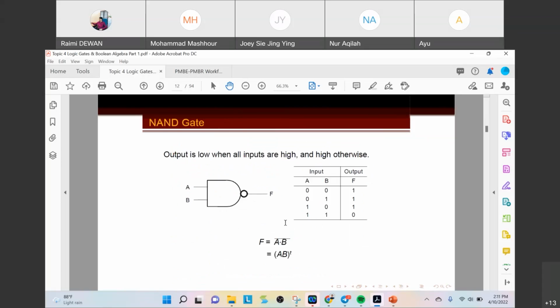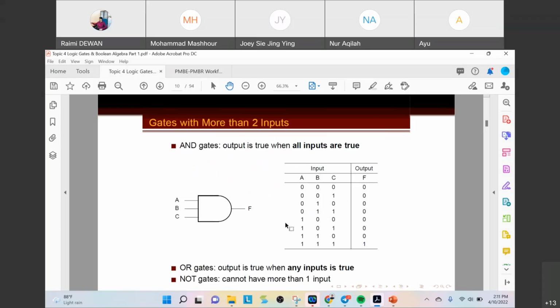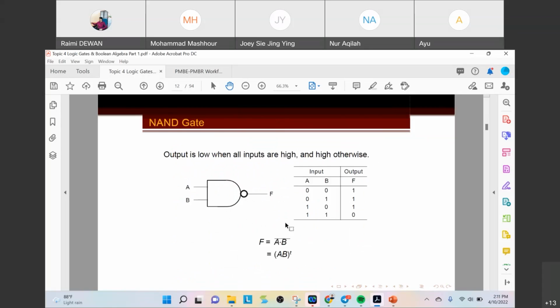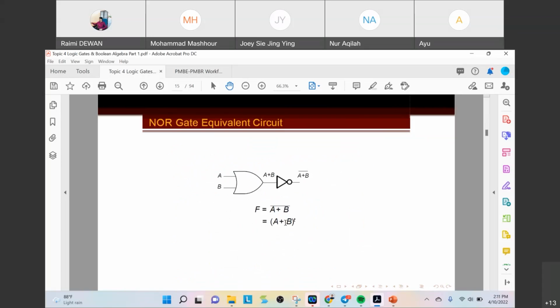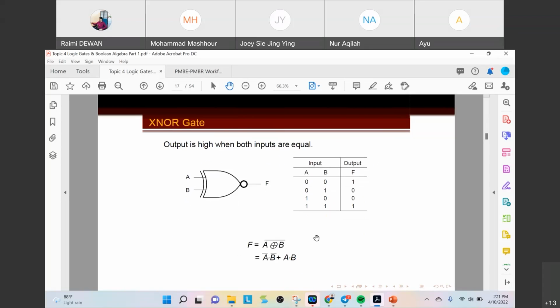So we go to the NOT gate, gates with more than two inputs, NAND gate, NOR gate, and NOR gate equivalent circuits. This symbol, a plus with a circle, means exclusive, whether it is exclusive OR or exclusive NOR.